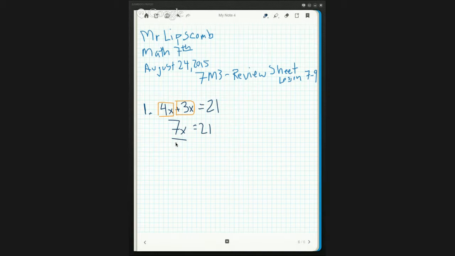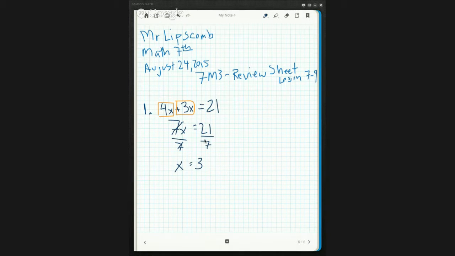Then we're going to divide both sides by 7. Why does Mr. Lipscomb make these funny 7s? We'll get to that story. Maybe you can ask me about it in class, but it's kind of a funny story why I make them like this. As you know, this is the way they write them in Europe. But I have a specific reason for having done that. Okay, so after we divide both sides by 7, these cancel. So we get x equals 3.